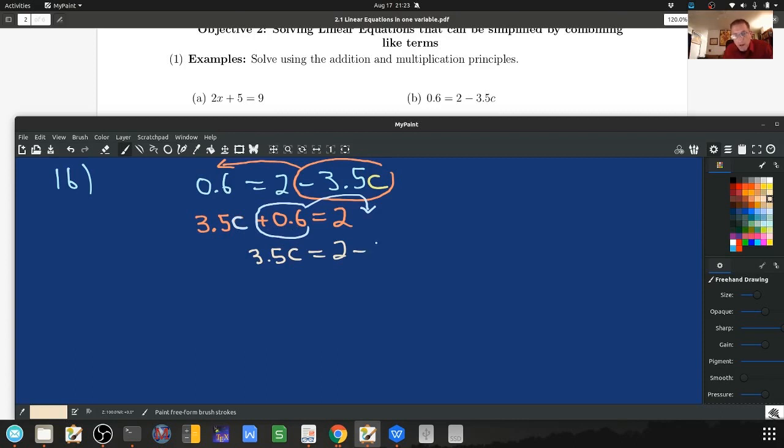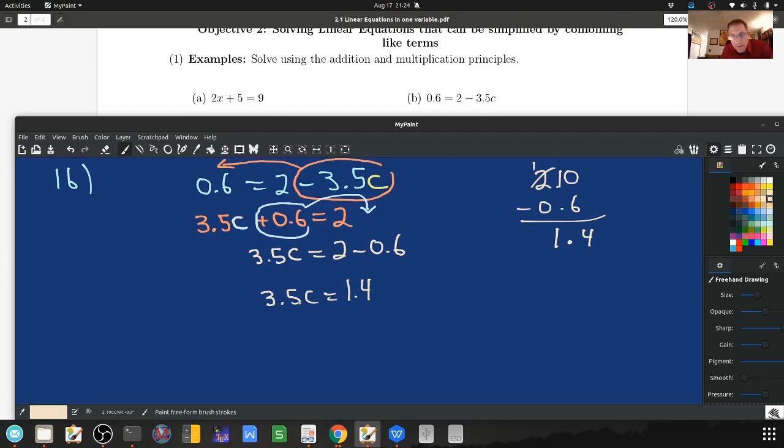So it becomes minus 0.6. So we have to simplify this side over here. So 2.0 minus 0.6. Borrow. 10 minus 6 is 4. 1 minus 0. That gives me 1.4. So I have 3.5c is equal to 1.4.